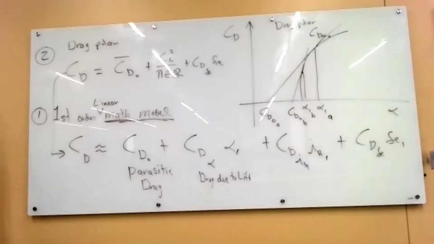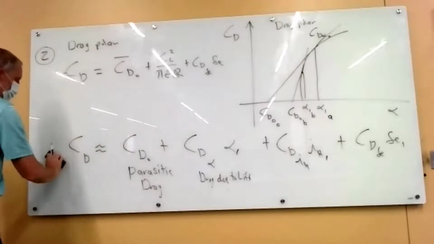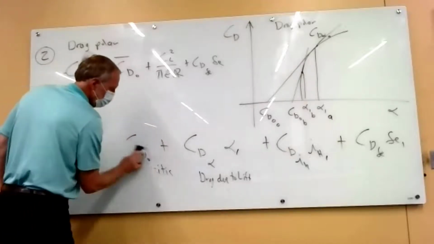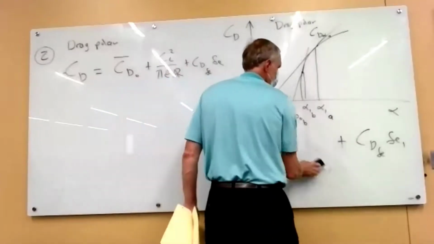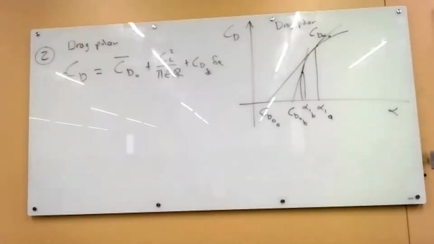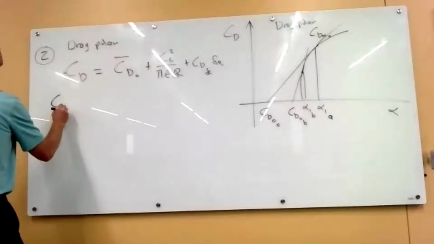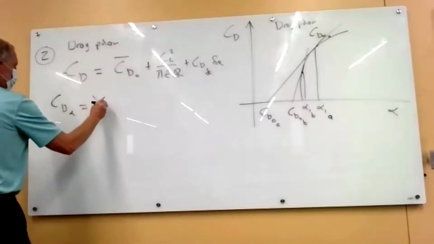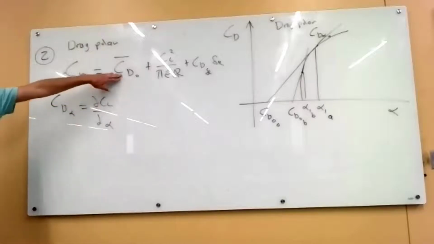You could set it up so you could get the intercept just by setting it equal to the drag at that point. So if you know the drag polar and you can handle the nonlinear drag polar, then you can get CD alpha by just taking the derivative of this. And this is just a constant, right?